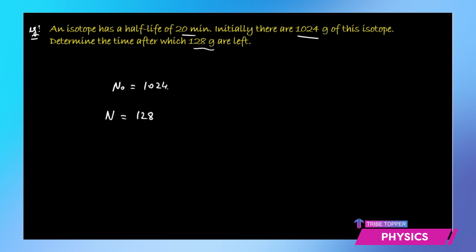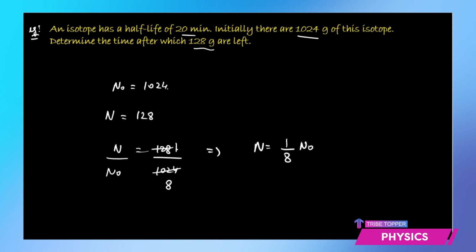Let's see what fraction it is of the initial sample. So what is N by N naught here? That's 128 upon 1024, which gives 1 upon 8, right? So N presently is 1/8 of your N naught.